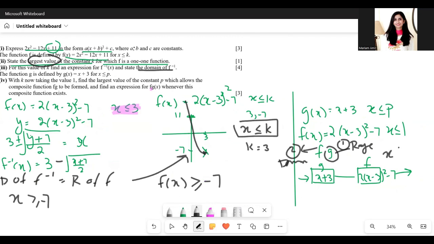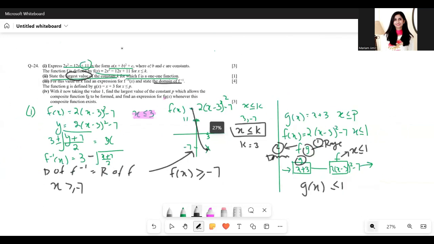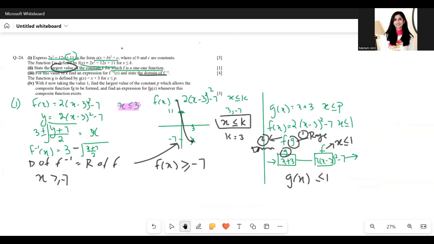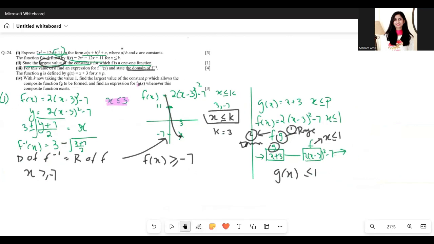It is x less than or equal to 1. We already know. And what is the range of g(x)? Range of g(x) is simply g(x) itself. That is how we write range. Domain is x and range is g(x) itself. So g(x) is x + 3, and it should lie within the domain of f. Let me repeat what I'm trying to say. The range of g(x) must lie within the domain of f(x).